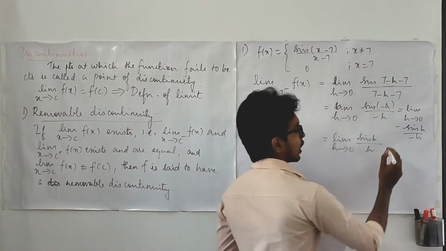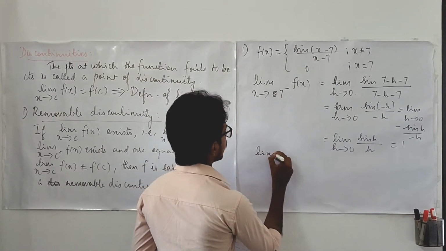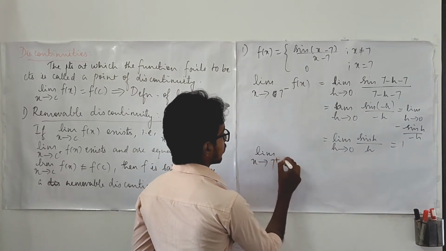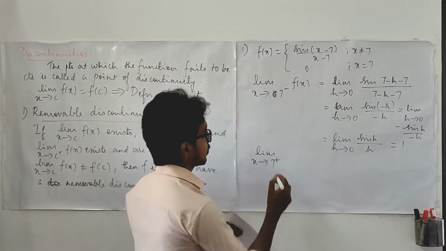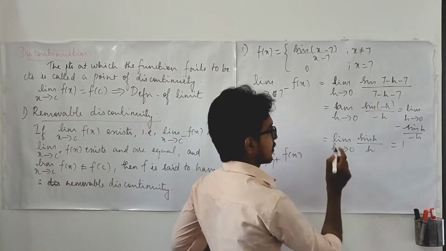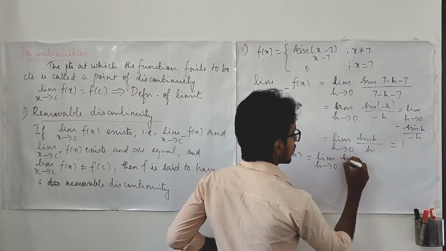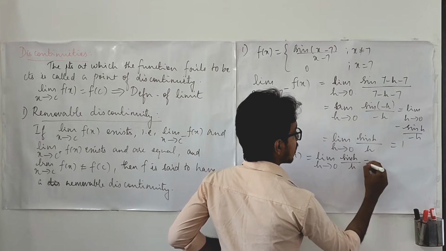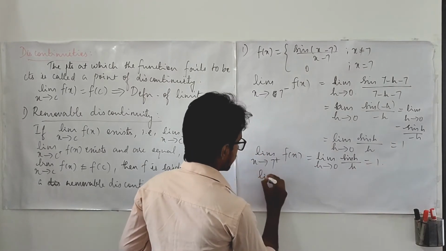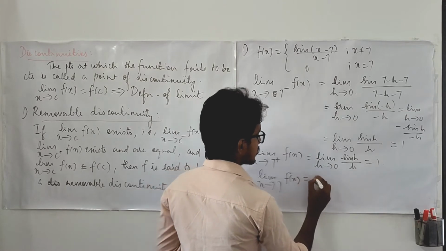What is it? It is 1. And similarly, when you do the limit as x approaches 7 plus of f of x, you will have 7 plus h minus 7, and it is going to be simply the limit as h approaches 0 of sin h upon h, and is 1. The limit as x approaches 7 of f of x is 1.